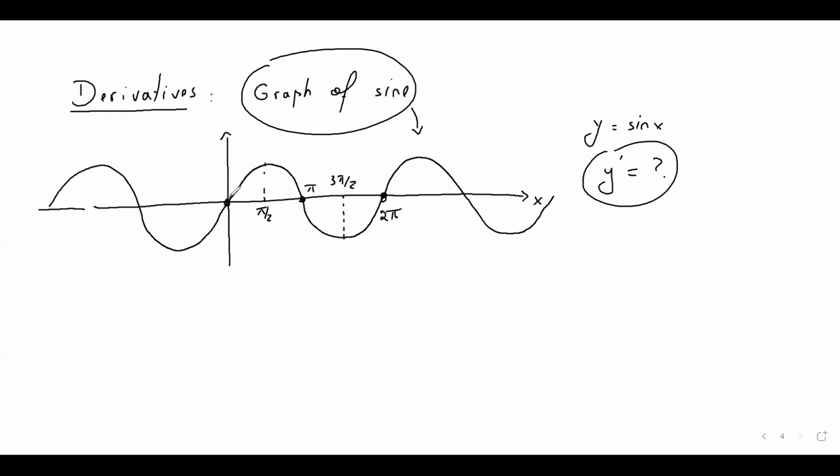And it appears here that the slope at 0 is actually 1, because it's like halfway. So that's the slope, and then the slope goes down, and you go a little higher, and it becomes 0 over here, horizontal, when you get to pi over 2.